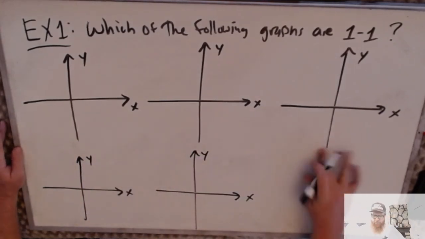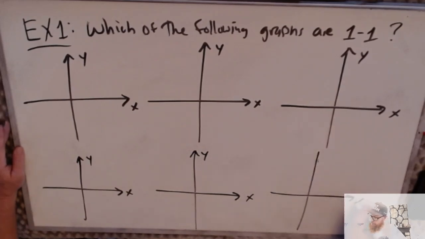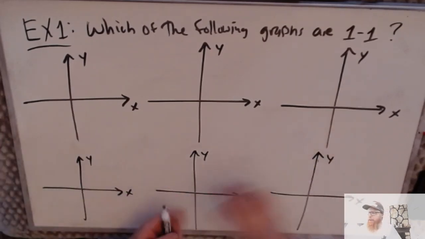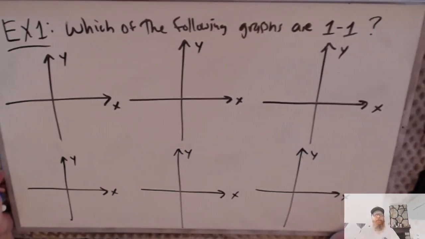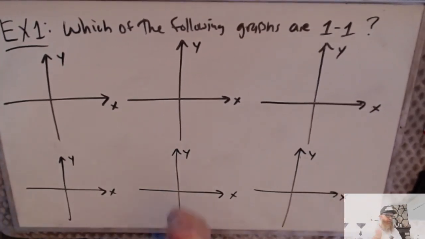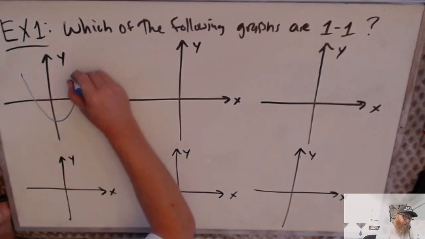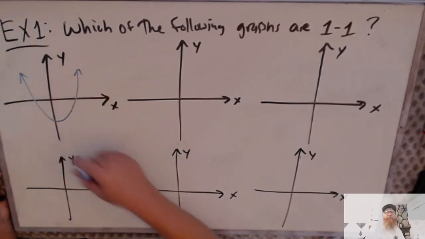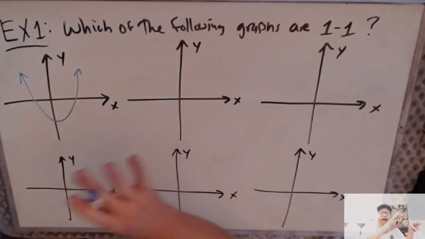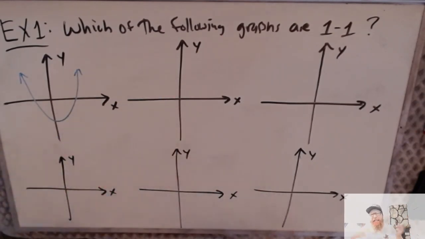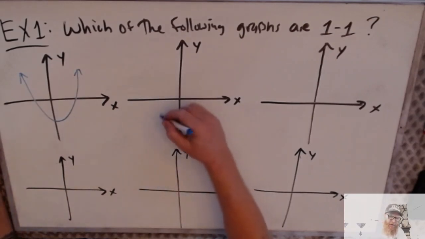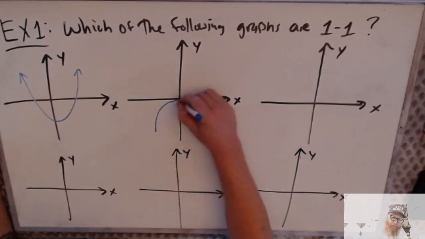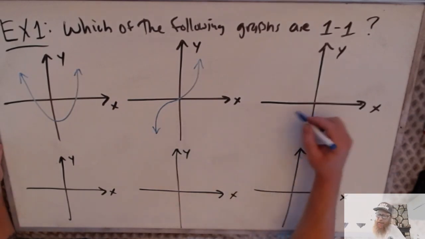I'm getting my graph planes ready. And let's do several different versions of this example. Don't really worry about how I got these graphs. I got all of these graphs by doing the techniques from 3.5 and 3.6. So these are all functions that you might have seen in a previous lecture.